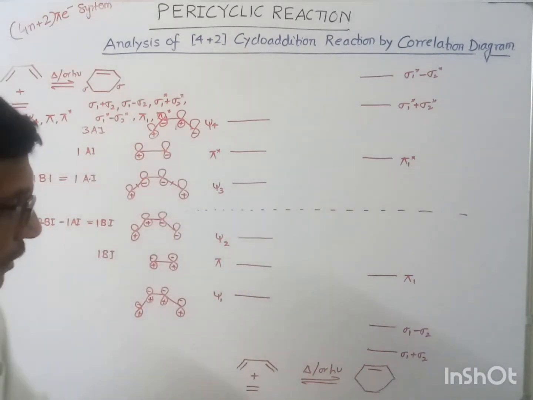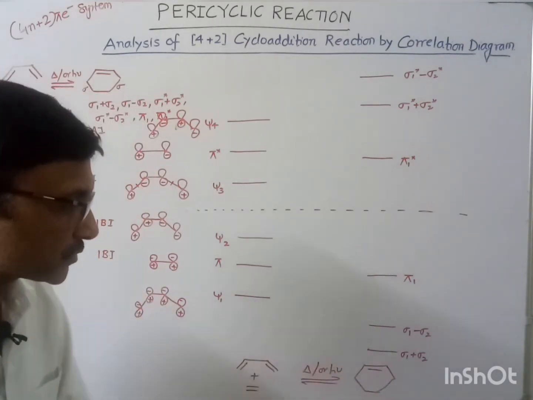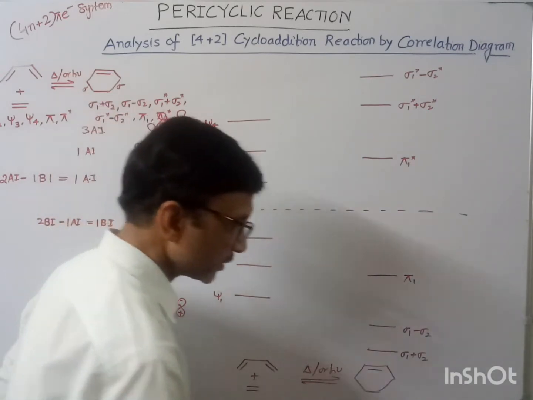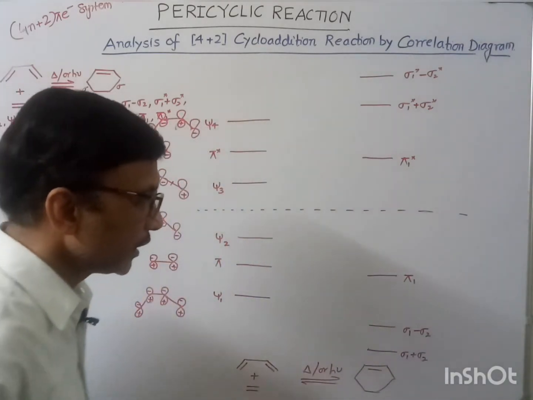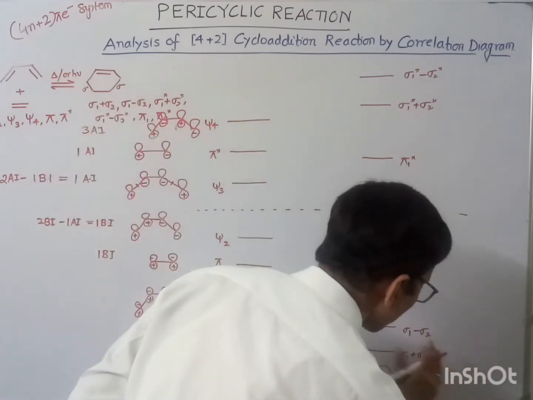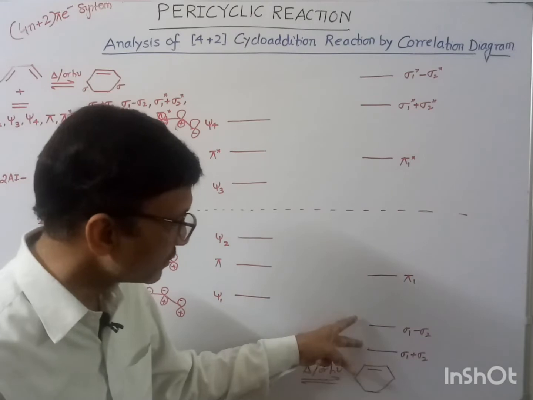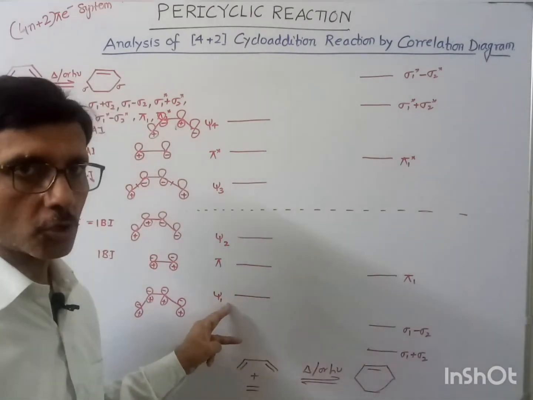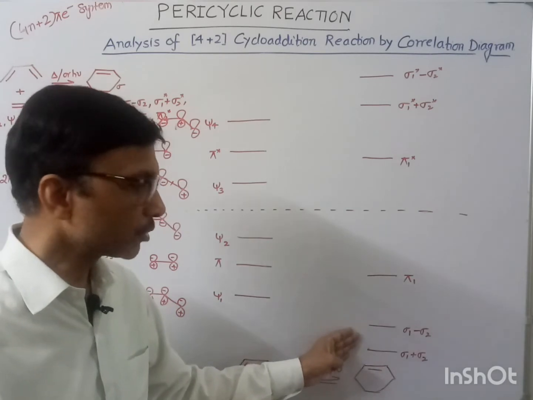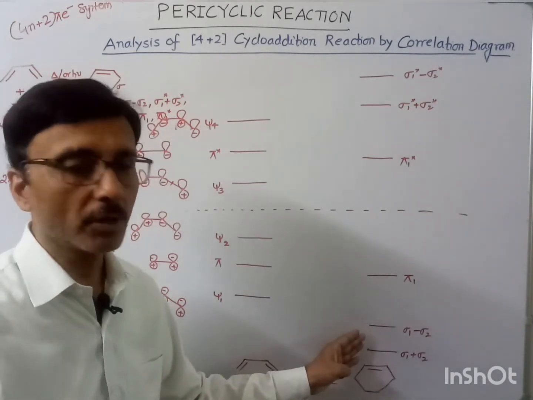Now let's see the energy of the molecular orbitals for these product molecular orbitals. So this is sigma 1 plus sigma 2 and sigma 1 minus sigma 2. No doubt these sigma molecular orbitals I have drawn below the pi molecular orbitals.